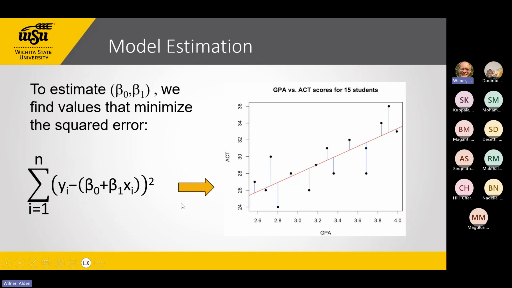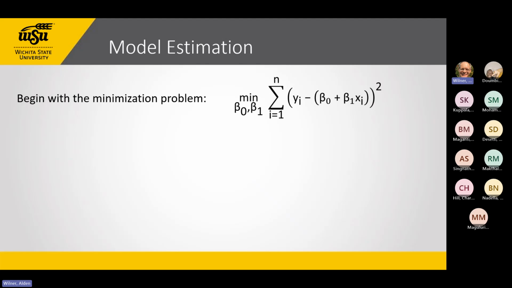We're going to square those distances, so we penalize things that are farther away more. They have more effect on the line than things that are close to the line. We're going to try to keep the sum of those squares as small as we can, and we eventually get a minimization problem. So we begin with the minimization problem, minimize over beta 0 and beta 1.